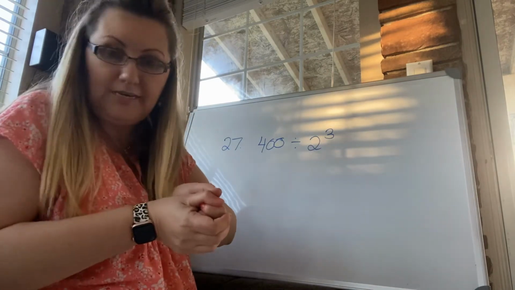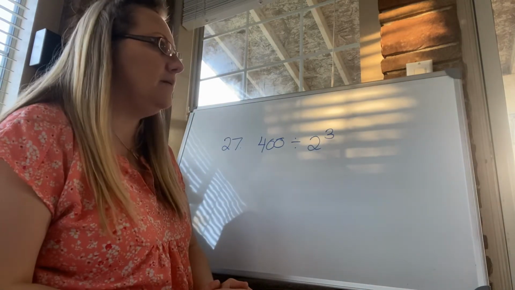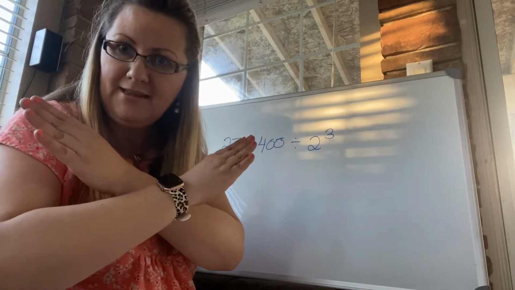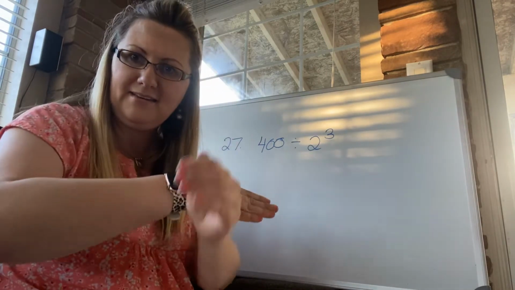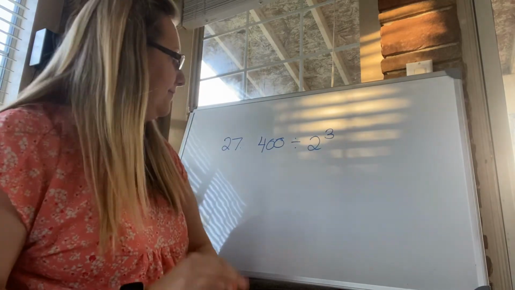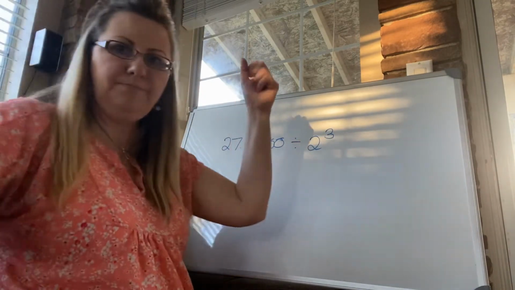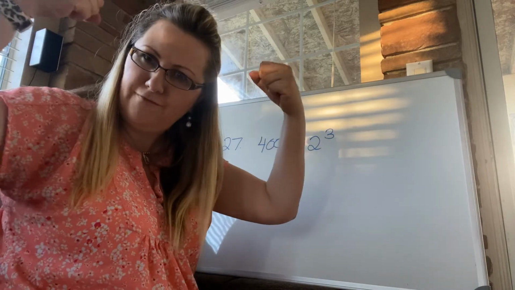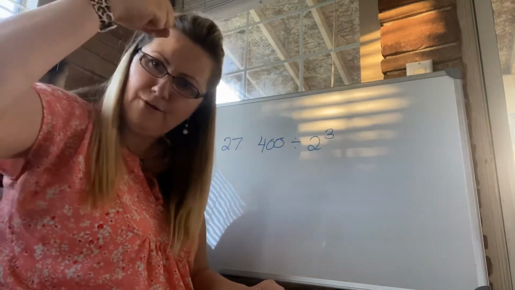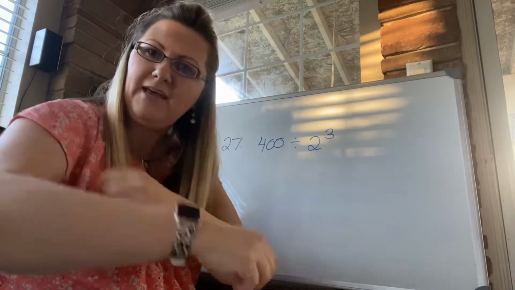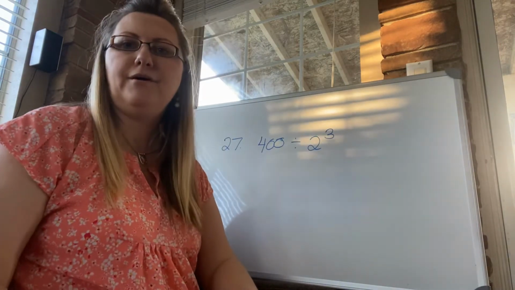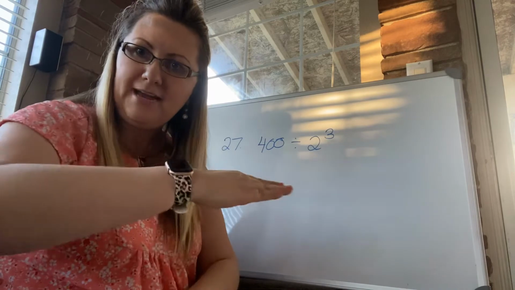There's no roots to do here. We multiply and divide left to right, and then we add and subtract left to right. So it's parentheses first, powers, roots, multiply and divide, add and subtract.